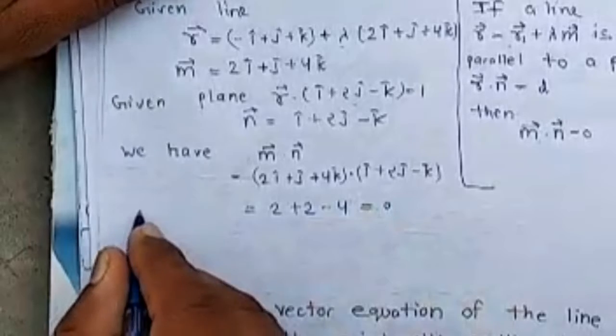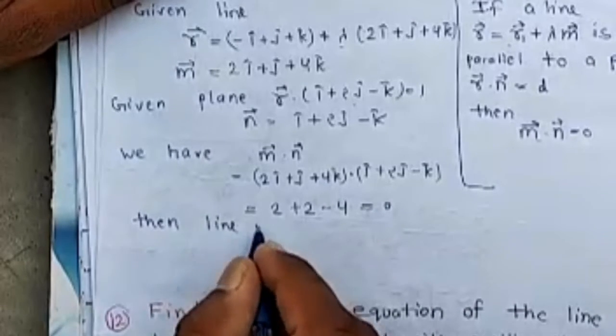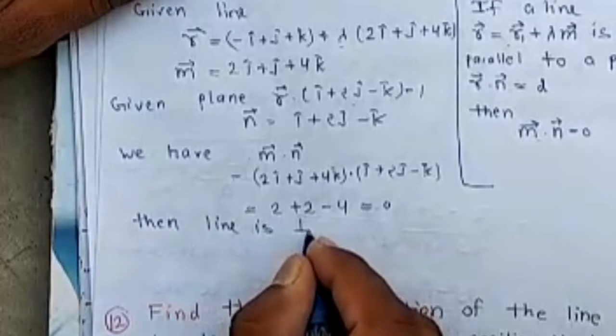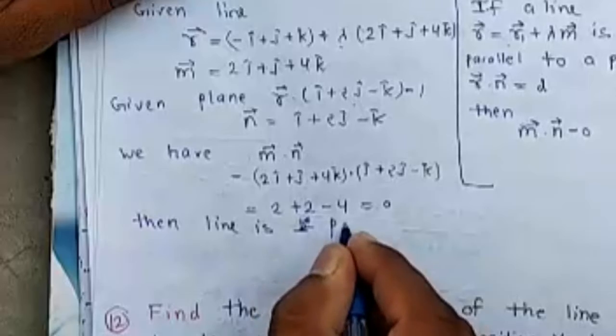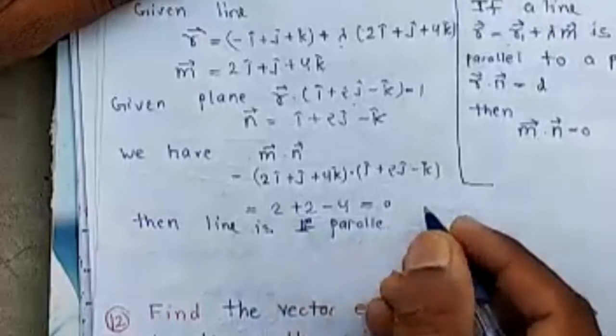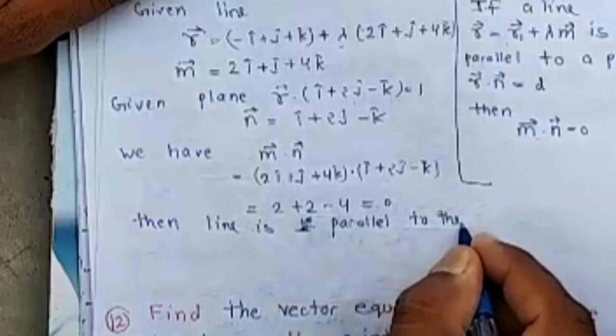Then the line is perpendicular to the normal, so the line is parallel to the plane.